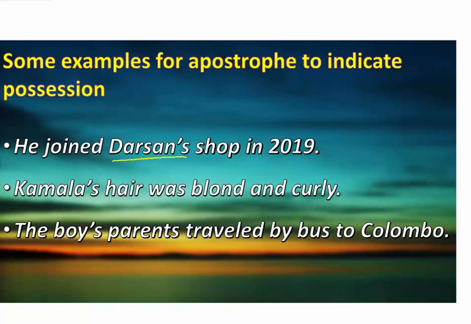So here we are using an apostrophe because the shop belongs to Darshan. Second one: Kamala's hair was blonde and curly. It's describing Kamala's hair. Her hair is blonde and curly. So, Kamala's hair. Here we are using an apostrophe.